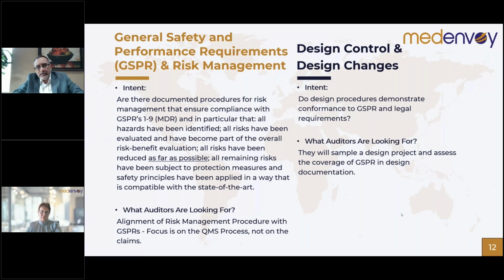And then how do you identify which requirements are applicable, not applicable? If not applicable, what is the justification? So all these elements from process point of view, and of course, as a part of the process, they will sample one or two or maybe more actual requirements, and then they take that as evidence that you, as a manufacturer, understand the requirements and the process is effectively implemented.